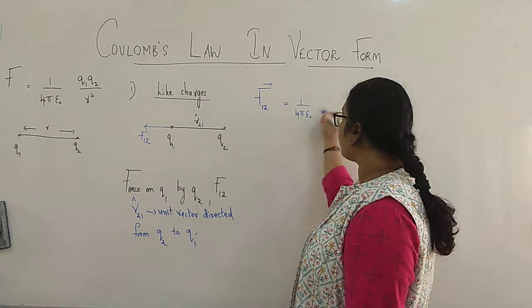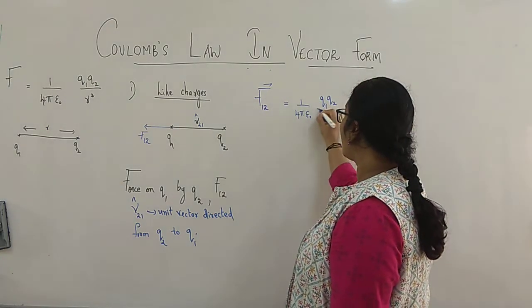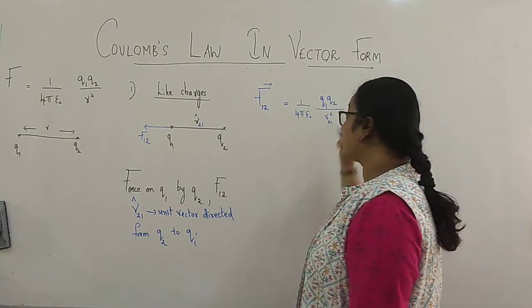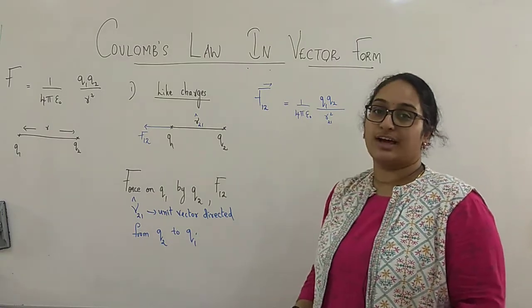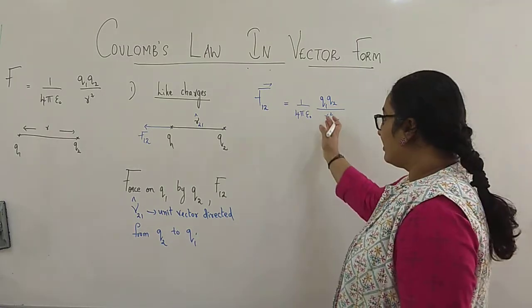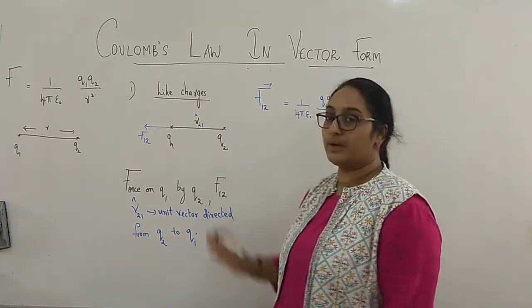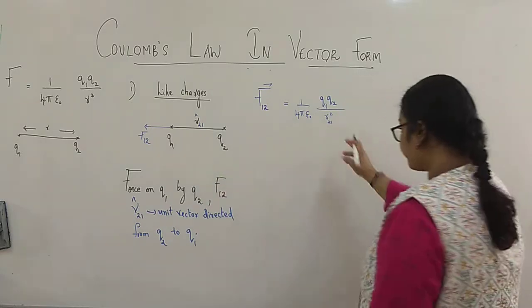So magnitude will be 1 by 4 pi epsilon naught Q1 Q2 by R square, but I will give a suffix just to give the direction, R21 cap, because I have clearly mentioned what R21 is. So now we are being more specific with the directions, either from Q2 to Q1 or Q1 to Q2. That is what I'm mentioning.